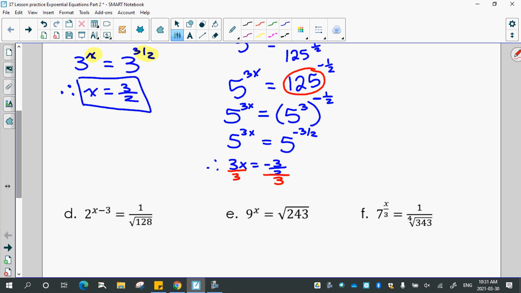How do I divide negative 3/2 by 3? Multiply by the reciprocal. So negative 3 over 2 times, the reciprocal of 3 is actually 1/3. Which is going to give me negative 3/6, which reduces to negative 1/2.